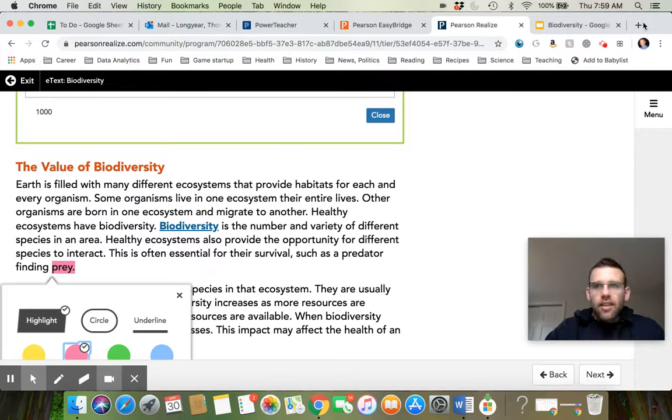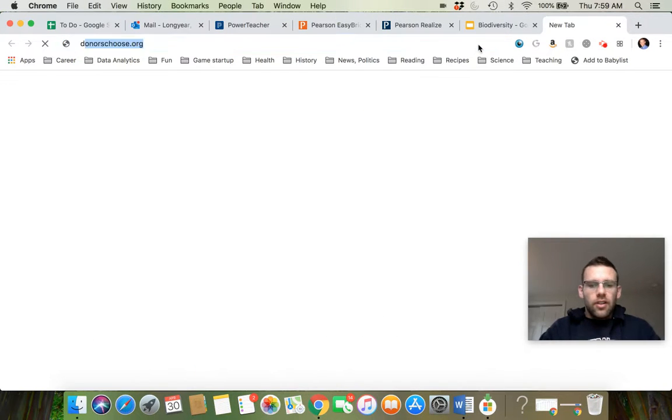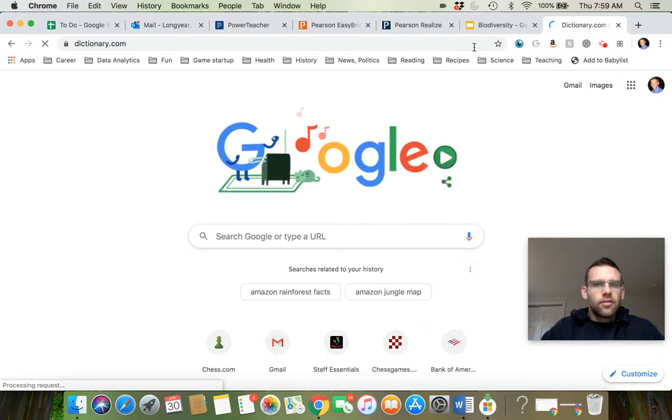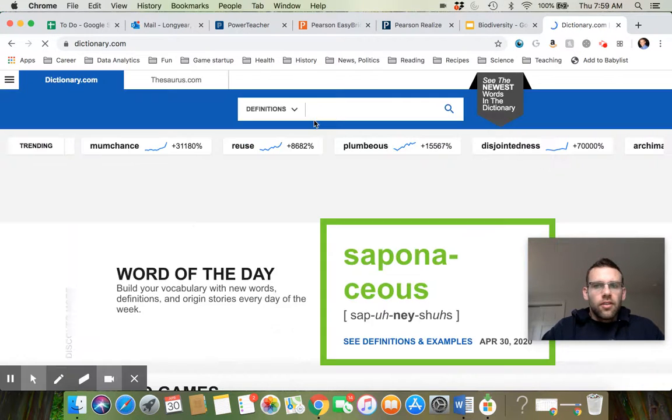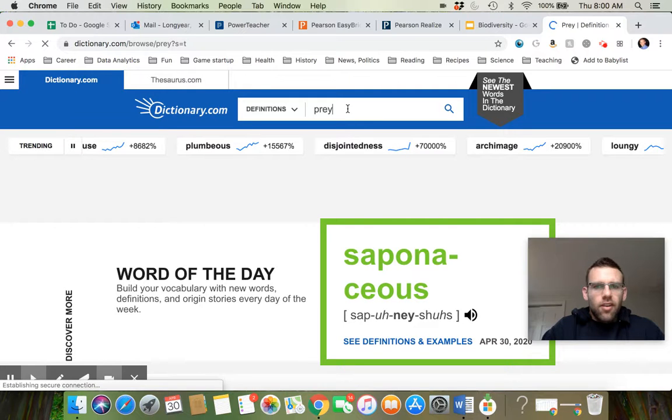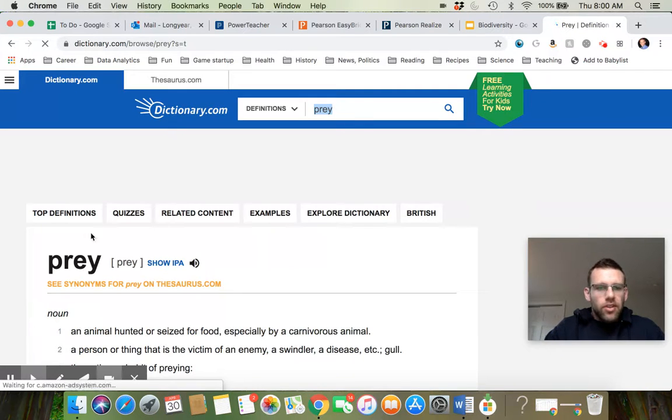And then I can go to dictionary, and then I can look up a word. Hit enter. It might take a minute to load, but eventually it'll give you a definition of the word you're looking for. Okay, so an animal hunted or seized for food.